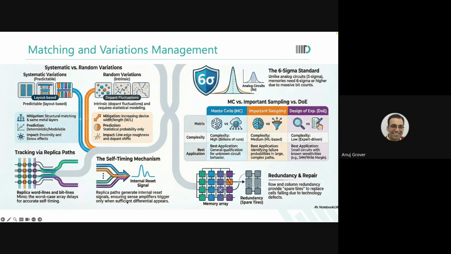So what have you done? If you're keeping the replica bit line here, the cells in the bit line can get selected from this side itself. So what are the delays that you're seeing on the replica path? You're seeing the delay of the replica bit line, and then the RC of SAN.